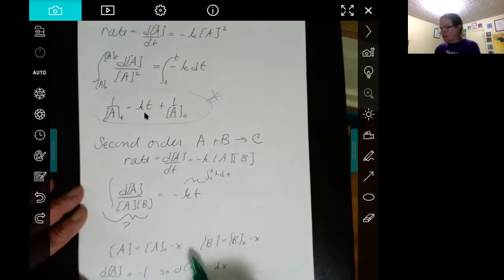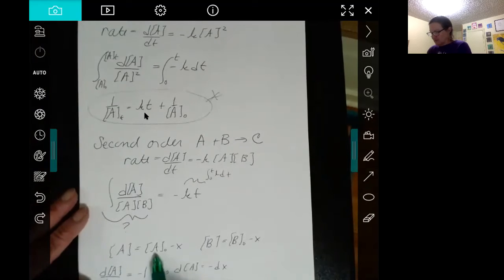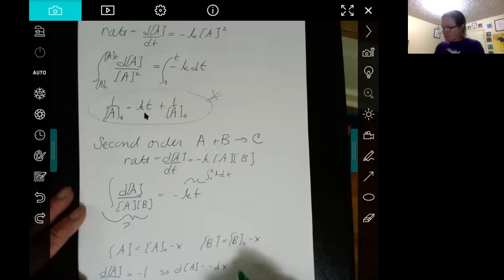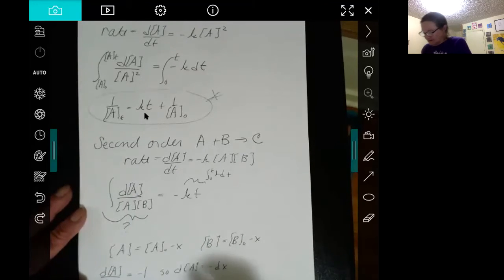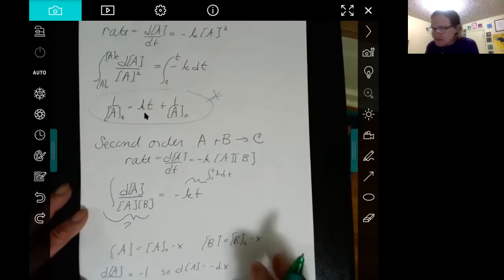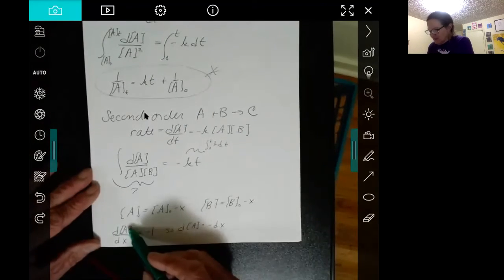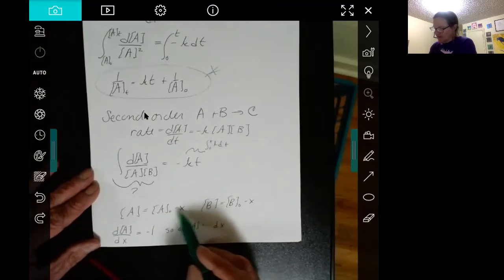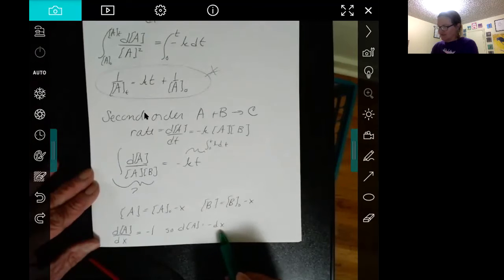So the stoichiometry allows you to set up an equation where you only have one thing changing. A0 and B0 are constants. So rather than integrate over A, we can integrate over x. The only thing you have to realize is that if A changes with x by -1, that means dA equals negative dx.